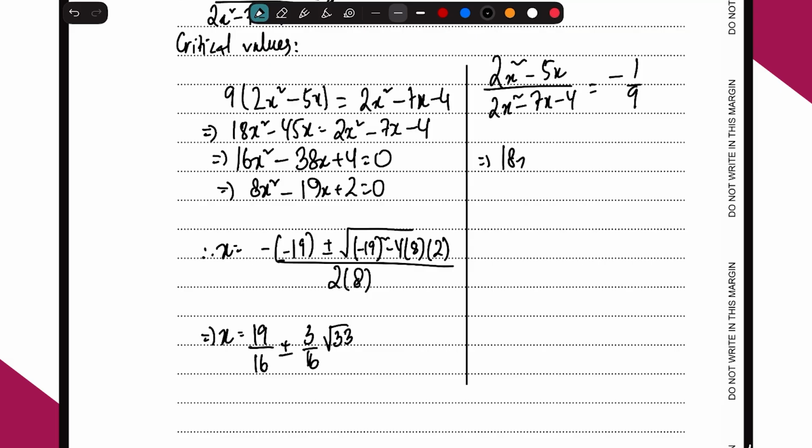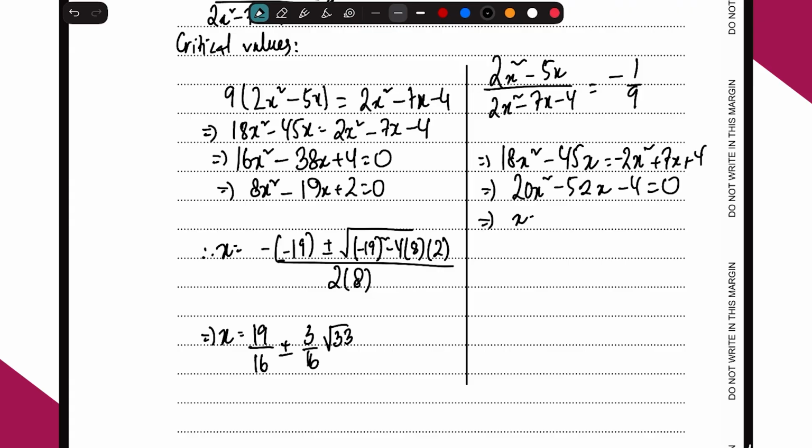So that's going to be 18x squared. Then we've got the same 45x, and then negative 2x squared, 7x plus 4. So we've got 20x squared, then 45, 46, 79, 52x minus 4.